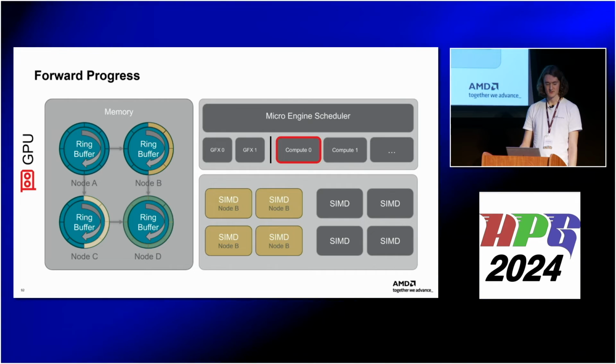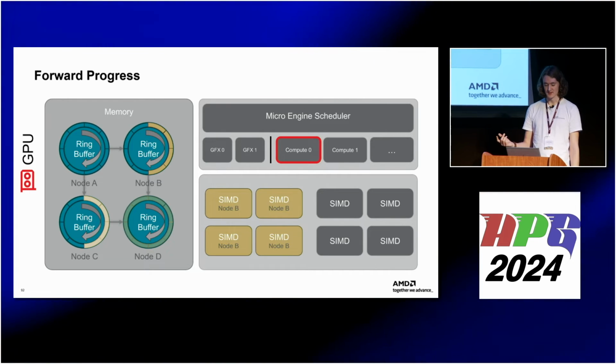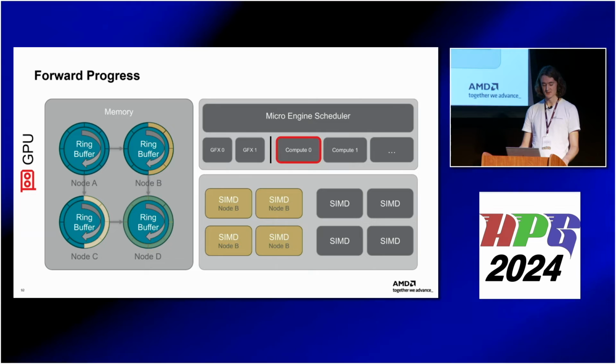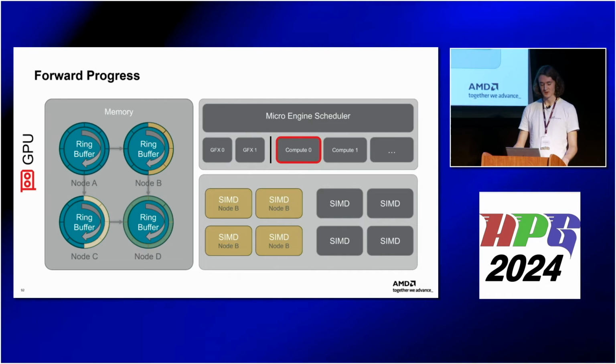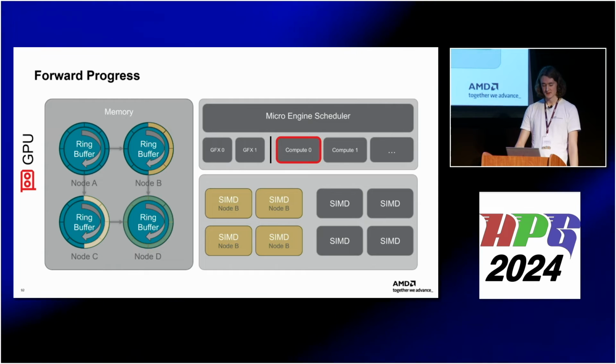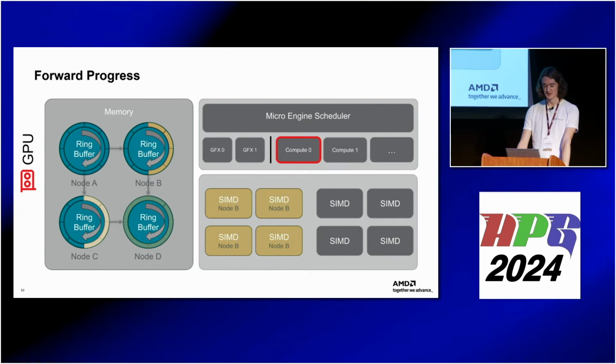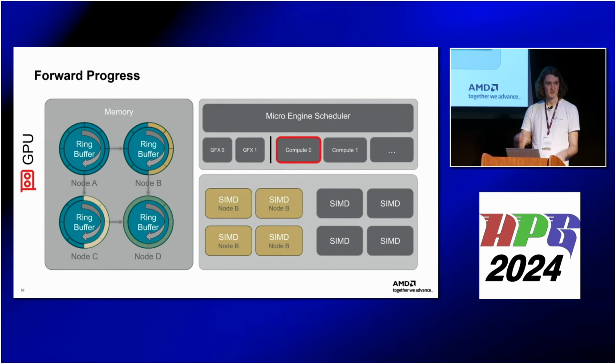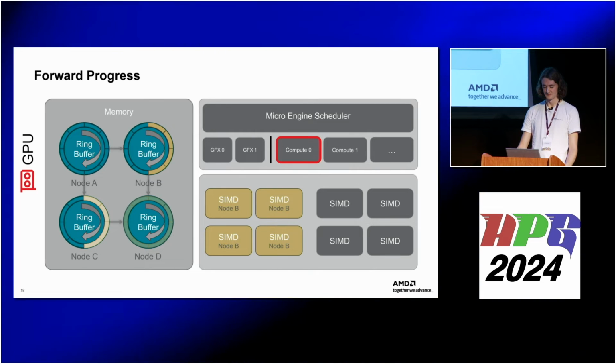In this case, the overall occupancy of the GPU is now limited by the size of the ring buffer of node D. Of course, in this small example, the ring buffers are very small. In reality, the work graph runtime would size them in order to always be able to fill the entire GPU.